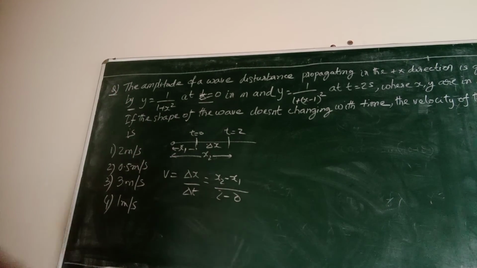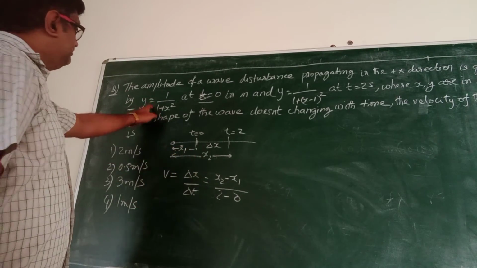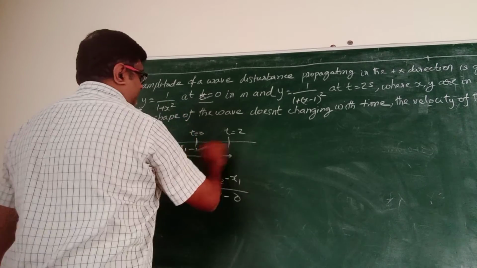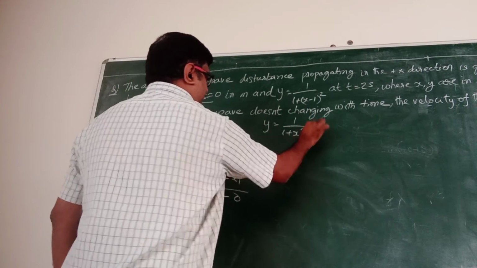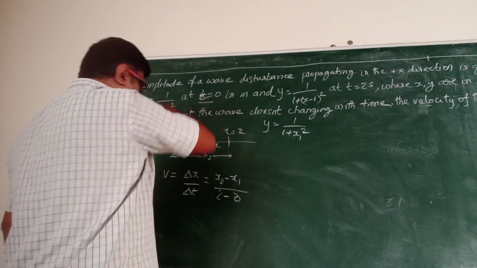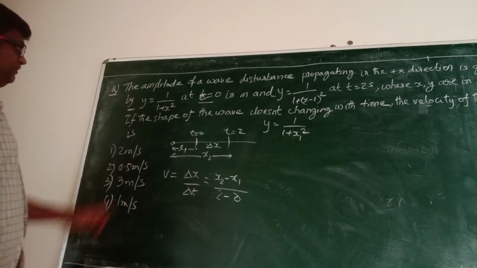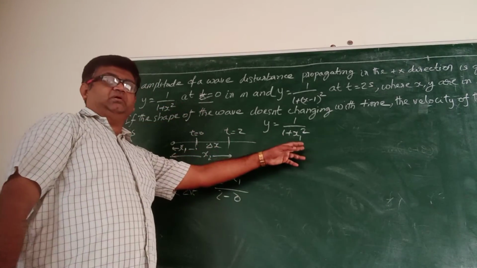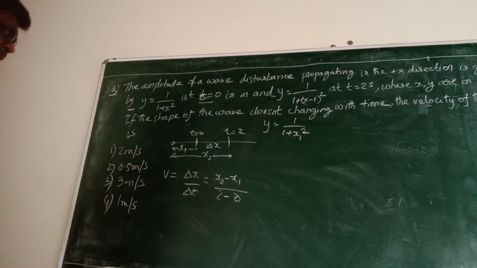So from these two equations we need to find out this x1 and x2. So from this equation I will call this one as x1. So y is equal to 1 by 1 plus x1 square, because obviously it's a propagating wave in x direction. So at t is equal to 0 there will be some position of x. At t is equal to 2 seconds there will be some other position of x.